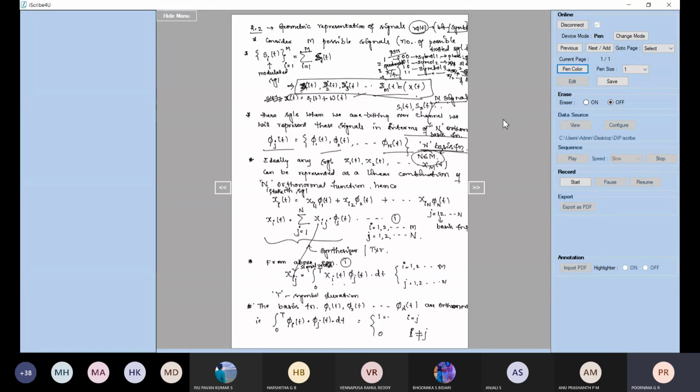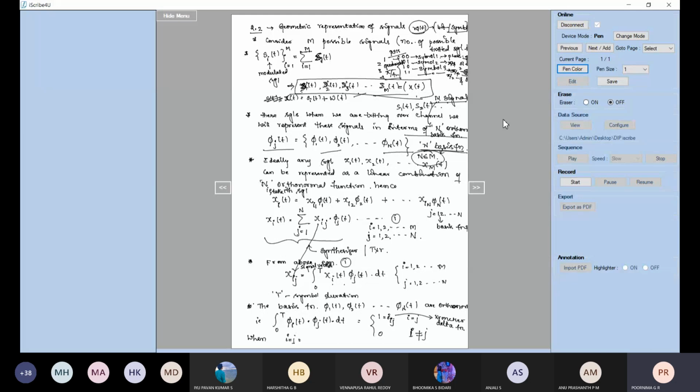This 1 you can represent as a unity function, or you can say that it is delta ij. What does this delta ij mean? It is the Kronecker delta function. So you can see here, when i is equal to j, what happens to this above function?